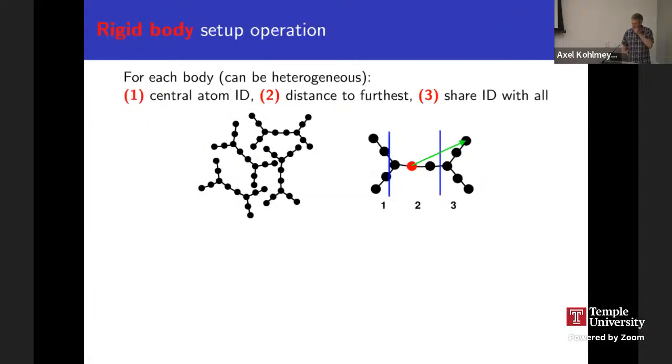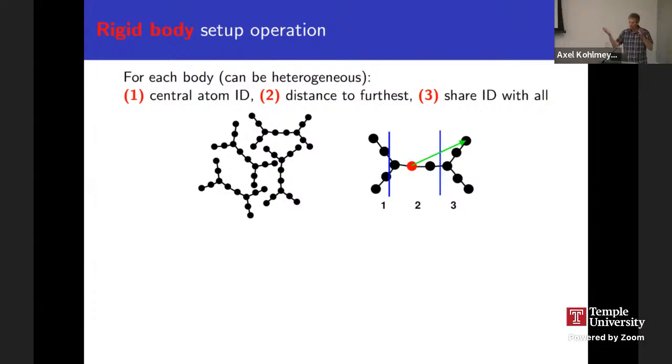So let's talk about the rigid body setup operation first. Here's a single rigid body. And let's say we have a collection, here's a little mixture of 4 of those with different orientations. So this is a case where all the bodies are the same, but as I mentioned earlier, a collection of rigid bodies in LAMMPS can actually be heterogeneous.